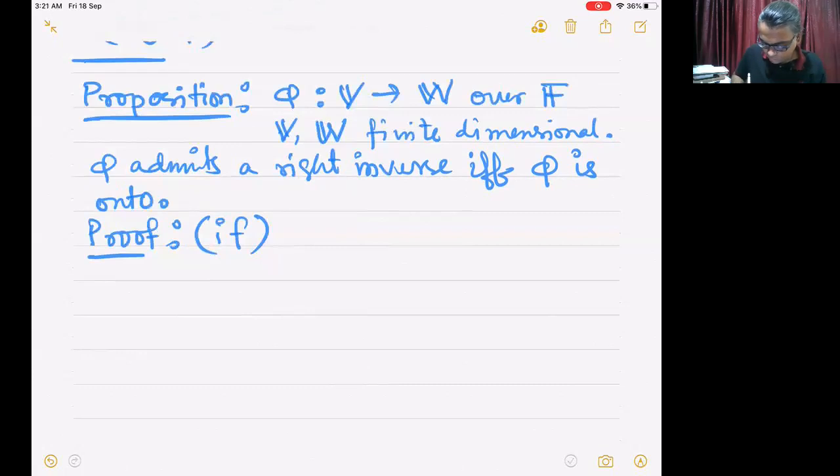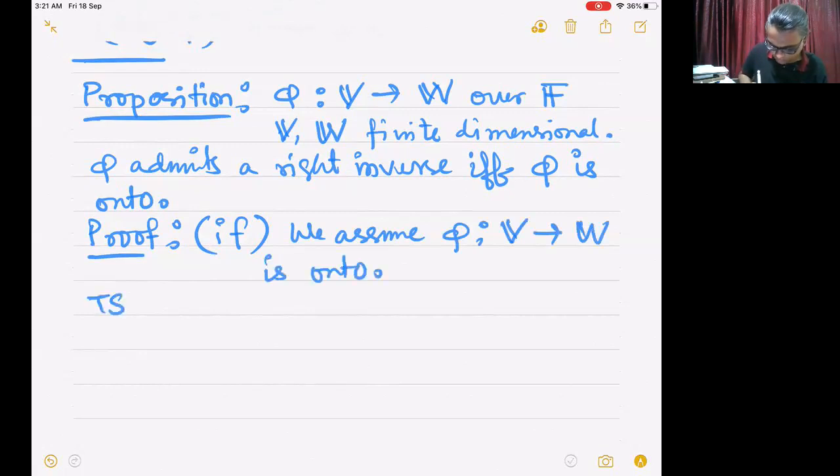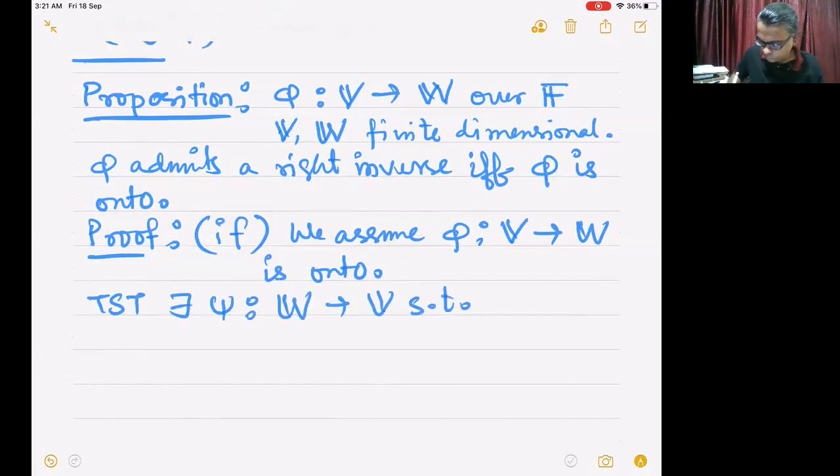So we assume phi from V to W is onto, to show that there exists psi, which is a map from W to V, such that phi composed with psi is equal to the identity map on W.